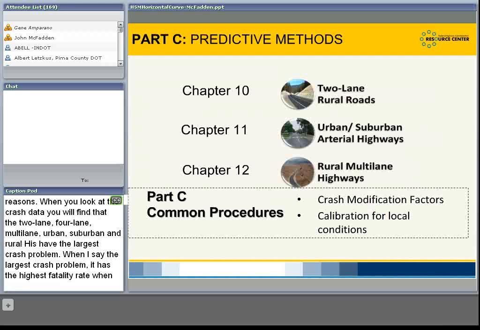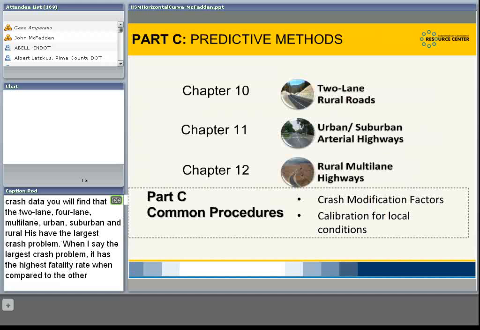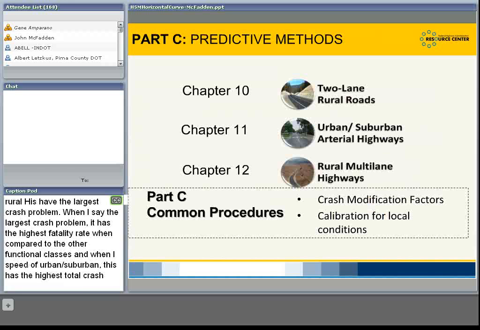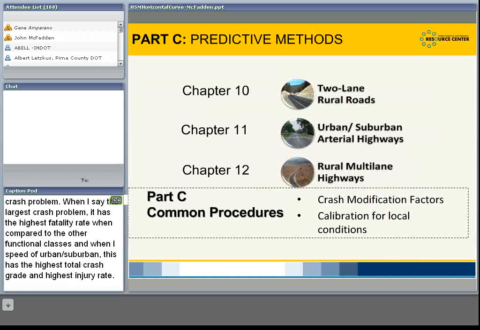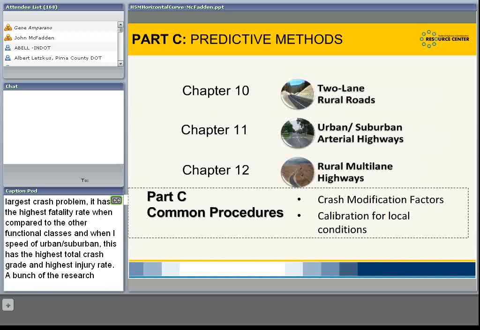When I say crash problem, what I mean is from a two-lane rural perspective, it has the highest fatality rate when compared to the other functional classes. And when I speak of urban, suburban, multi-lane, undivided highways, this has the highest total crash rate and the highest injury crash rate.